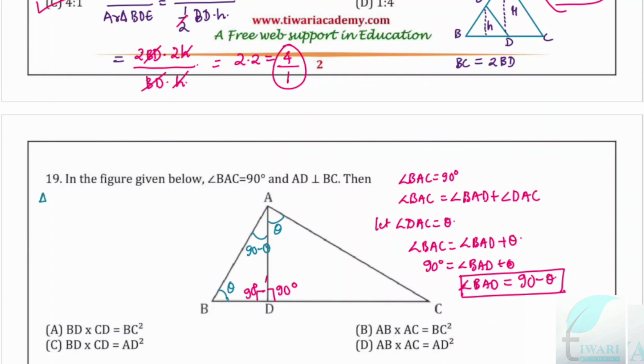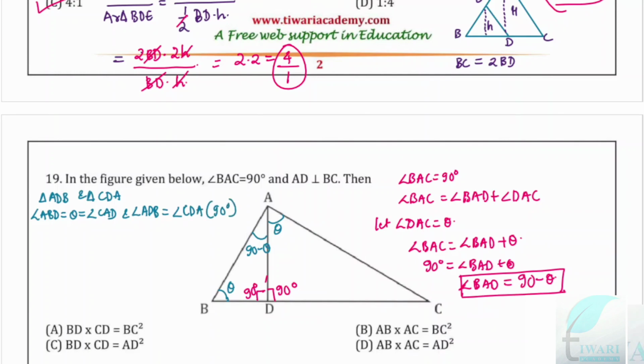Now in triangle ADB and triangle CDA, angle ABD is equal to theta, which is equal to angle CAD, and angle ADB is equal to angle CDA, which is equal to 90 degrees.